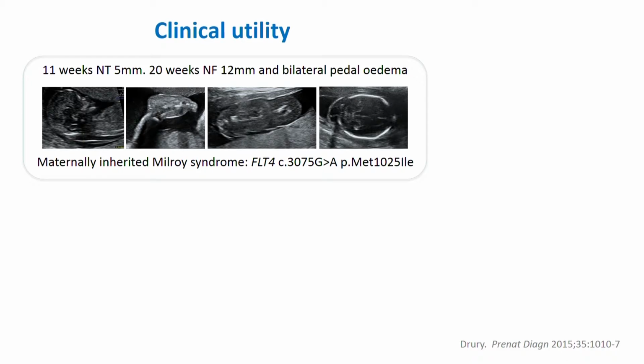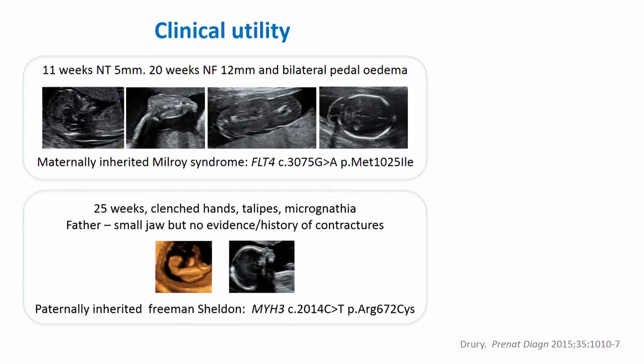and this explained the condition here. And this one, another one here, we see this baby presented at 25 weeks with clenched hands, talipes and micrognathia, and came in with a normal karyotype. So I thought maybe this was, and when Dad walked through the door, I saw he had a very, very small jaw.